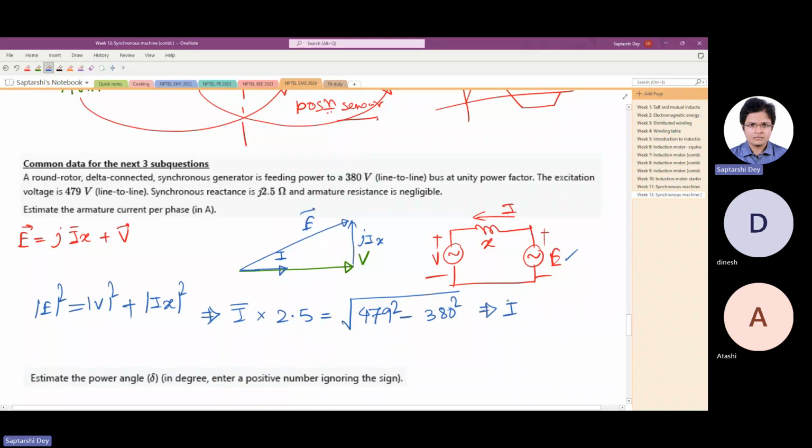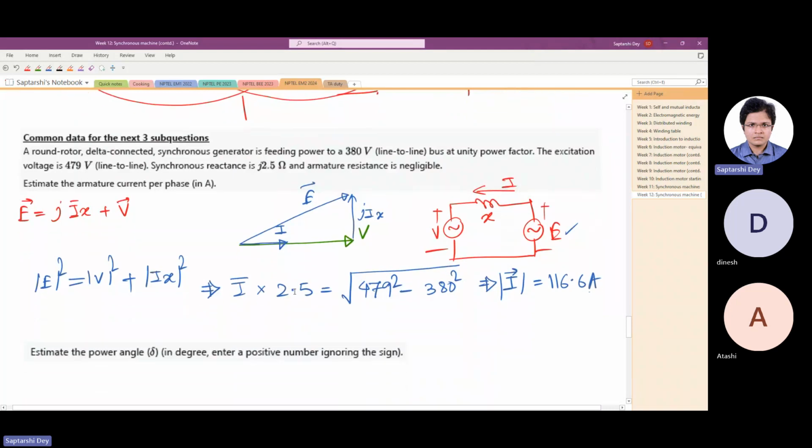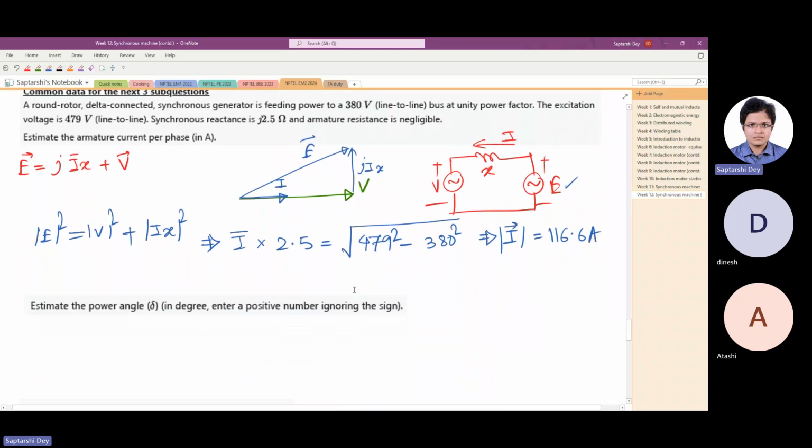This should give you a magnitude of current as 6 ampere. Okay, since we don't have much time today, I will keep on doing, and if there is a problem you can stop me.